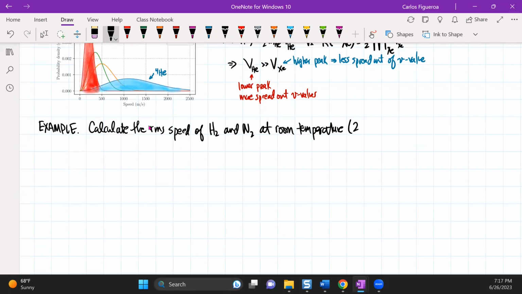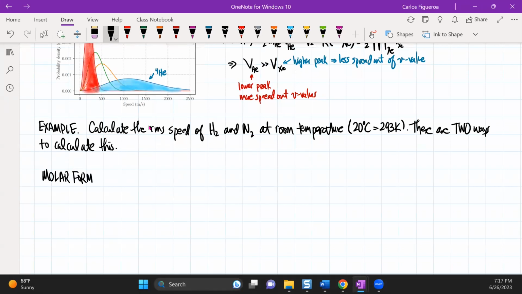When I think about room temperature, the standard temperature is 20 degrees Celsius, which means this is 293 Kelvin. And it turns out that there are 2 ways to calculate this. The first one, I'm going to use the molar form for hydrogen.